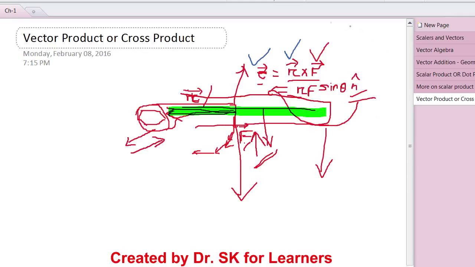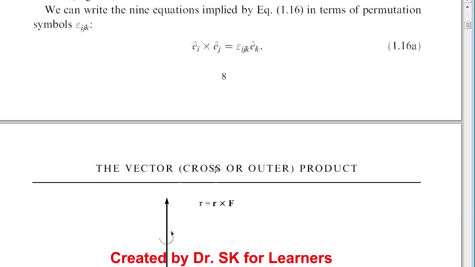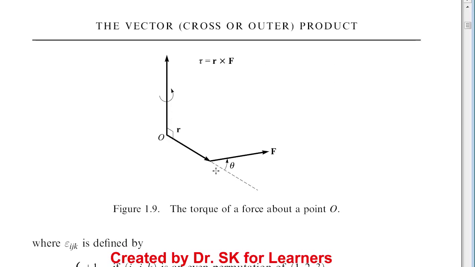So if we have a force that is limited, we try to vary the R, that is the length, to increase the torque.